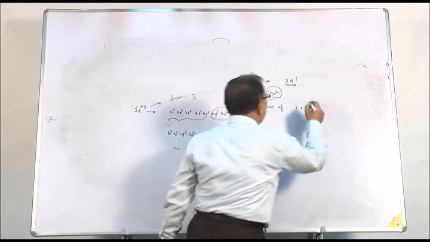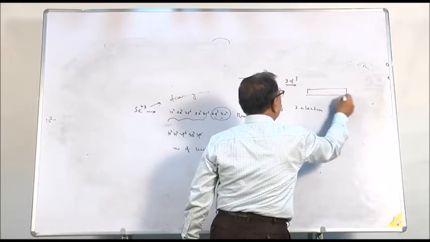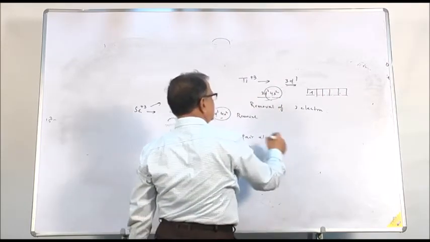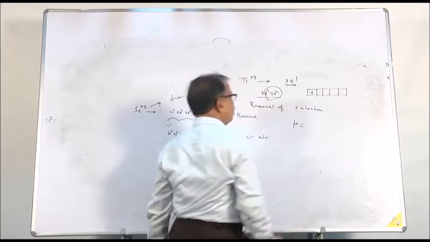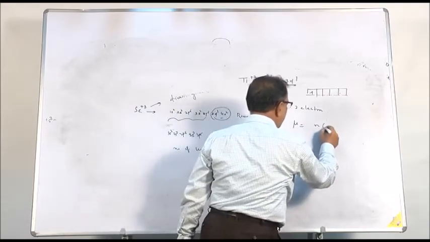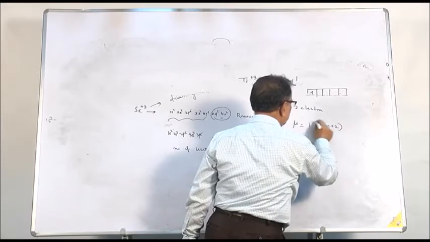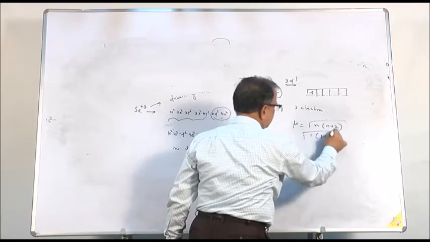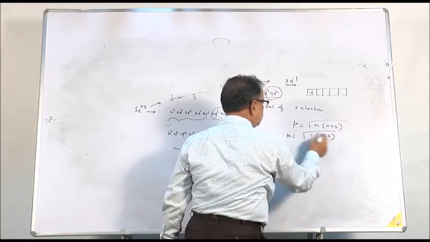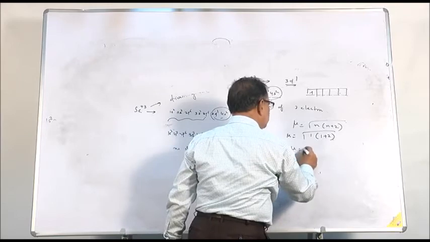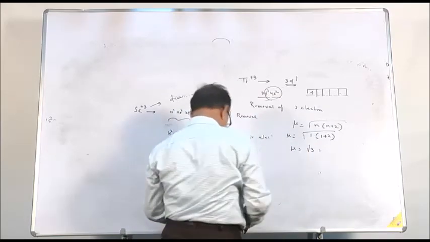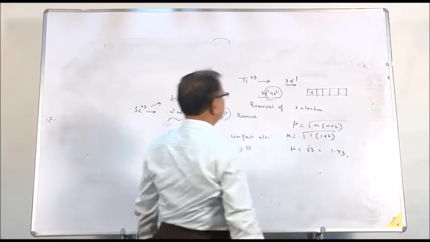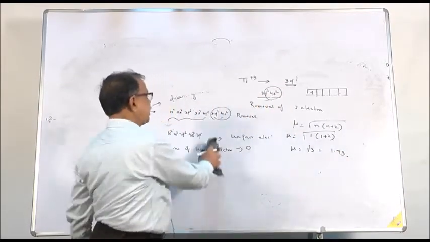It contains only 1 unpaired electron. Hence its magnetic moment is the square root of n(n+2), which is the square root of 1 times 3, equal to root 3. Root 3 value is 1.73. That is the value for titanium 3+.